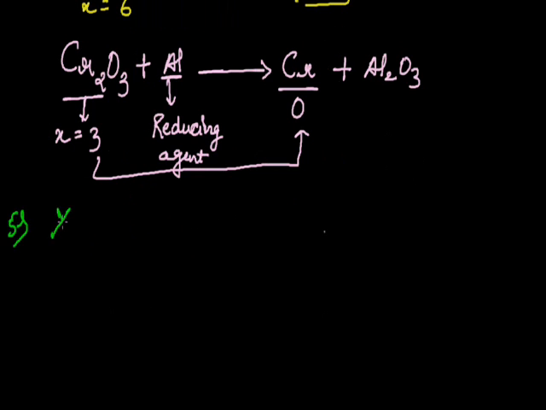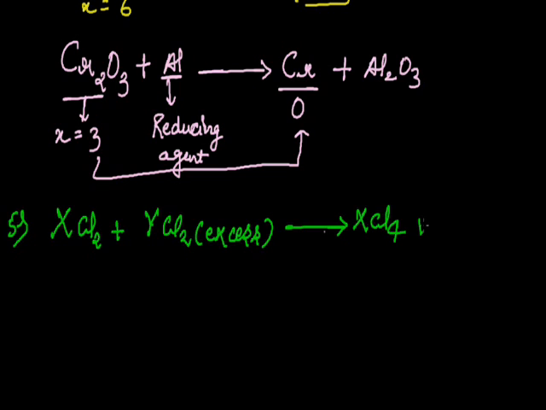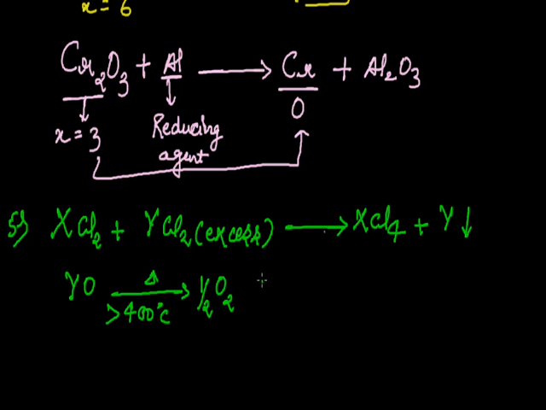Next question. XCl2 plus YCl2 in excess reacts with HgCl2 to form SnCl4 plus Y, a precipitate of Y is formed. This YO on heating at a temperature of more than 400 degrees Celsius forms half O2 plus Y. What we have to find is, whatever Y will be, the ore of Y would be.